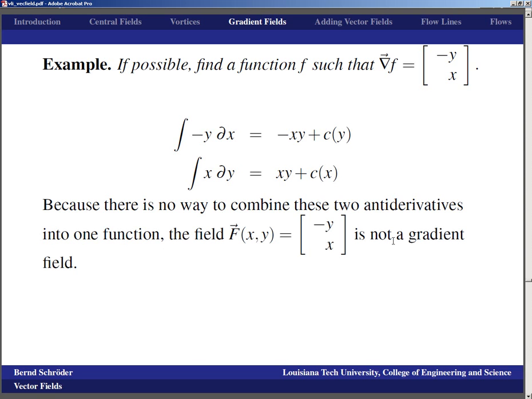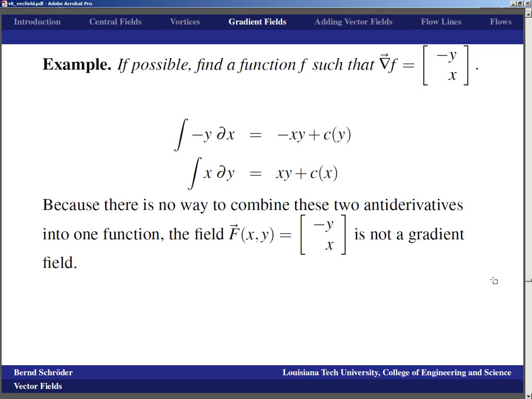Now that depends on our acceptance that this pattern matching works out, but basically, if there was a function whose gradient is this vector field, it would have to contain negative xy and it would have to contain xy. If it contains both of them, then it would be 0, or if it contains only one of them, then it will not contain the other one, because we always have a problem with the negative sign.